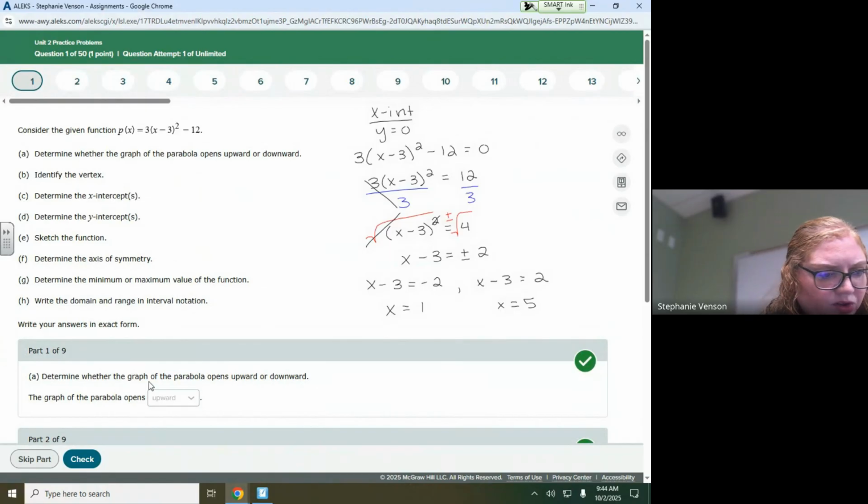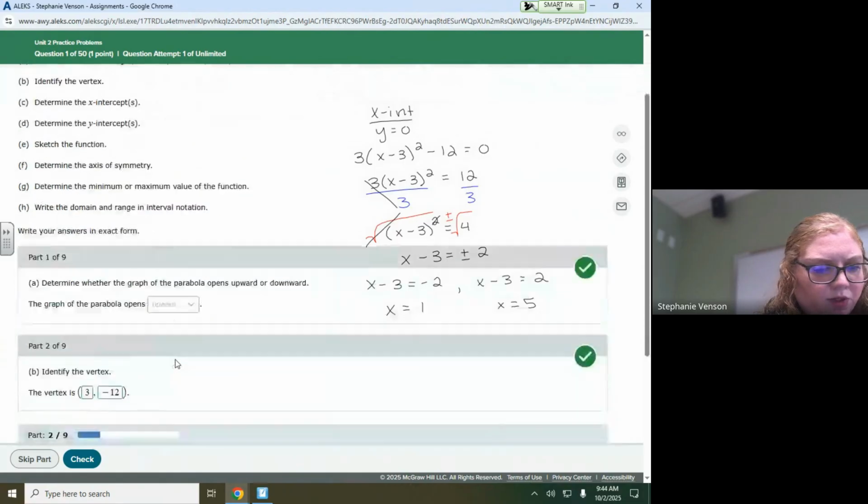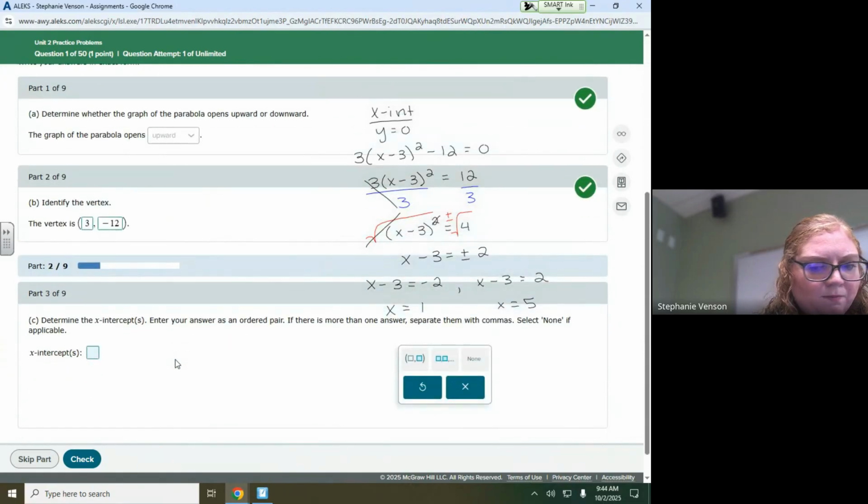Okay, but I'm pretty sure they ask for them as coordinate points. Let's scroll down and look at the actual problem. It just says, enter your answer as an ordered pair. So that's the same thing as coordinate points. So we would say (1, 0) in a set of parentheses, and then a comma and another set of parentheses, (5, 0).